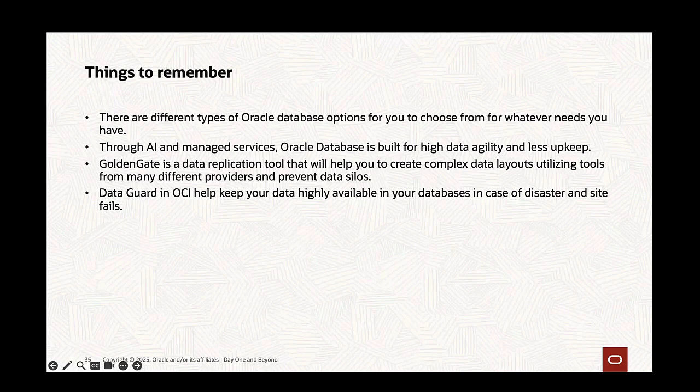We also talked about through the different AI managed services, how Oracle database is built for high data agility, less upkeep. We discussed GoldenGate and DataGuard, how they can be used as a tool to keep your data highly available in your database in case of disaster, as well as GoldenGate being mainly used for data replication for the movement of your data between different sources.